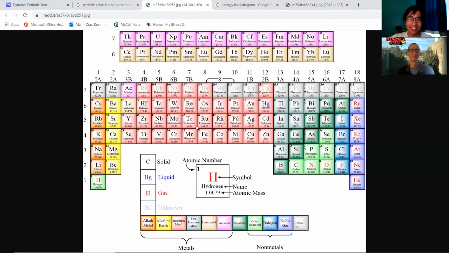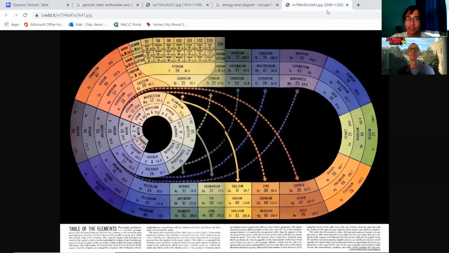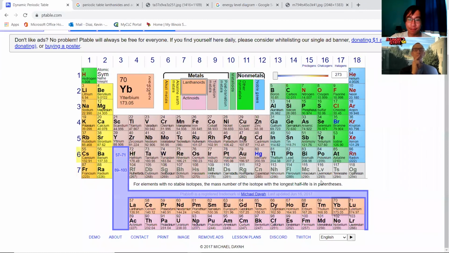And then finally, this one dating back to the 1950s, featured in Time magazine, is this very spirally circle periodic table. I think you can tell it's from the 50s because if you look all the way up here, they only have atomic number 104, and we've discovered and made many more elements than that so far.